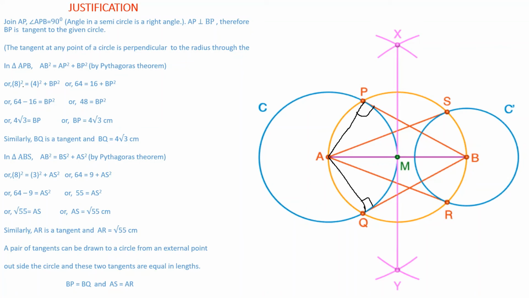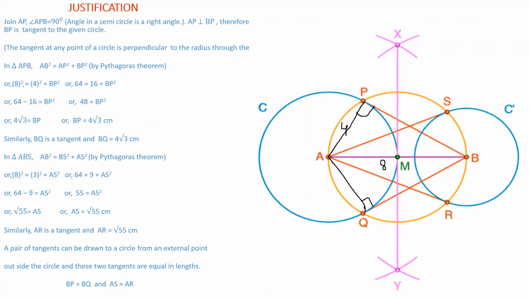AP is the radius of C, so you can put the value of AP, then BP we can calculate. So BP is 4 root 3. So in this right angle triangle, AB we know is 8, and AP is 4. So we have calculated BP as 4 root 3.